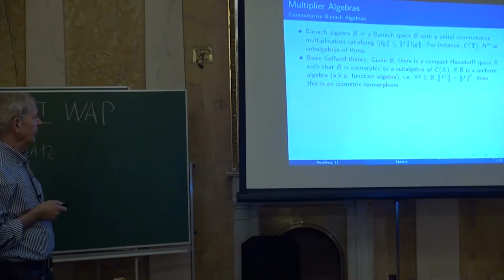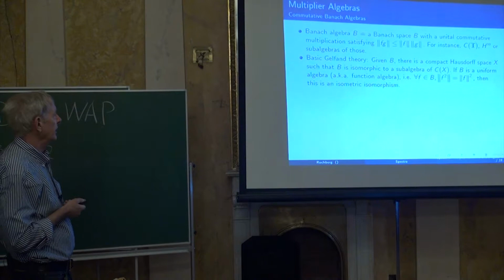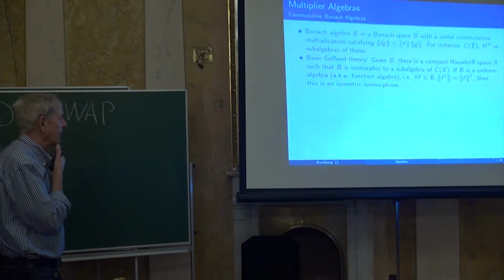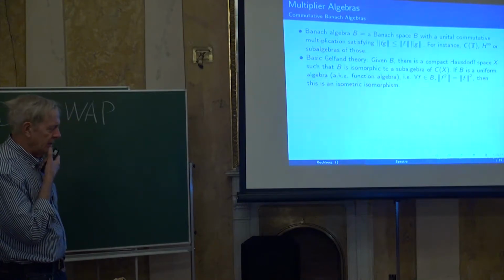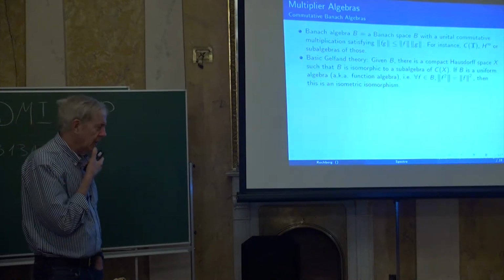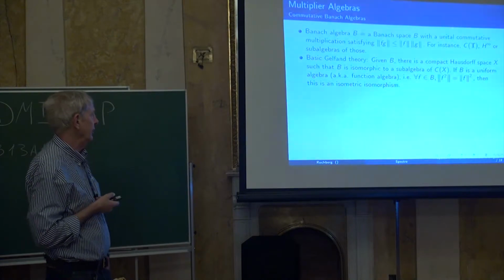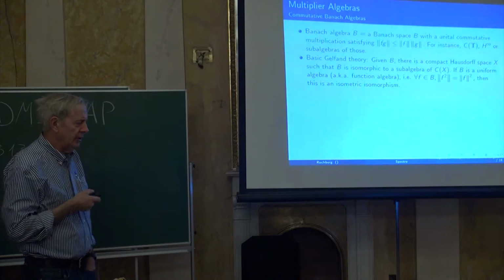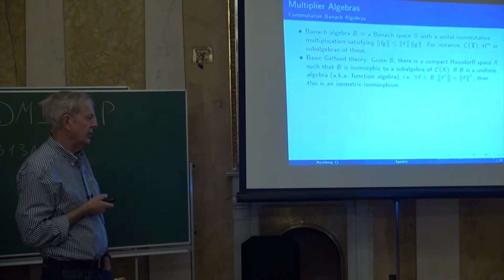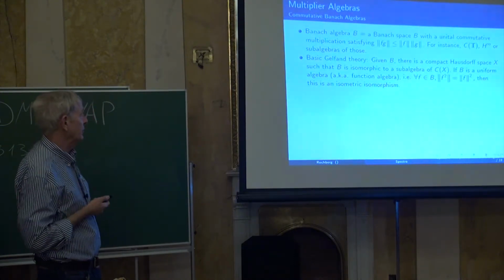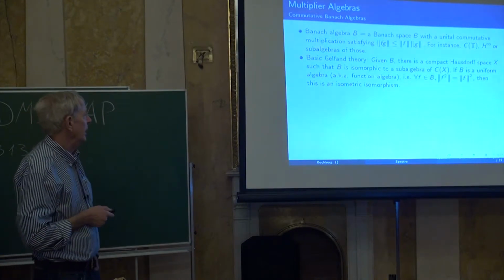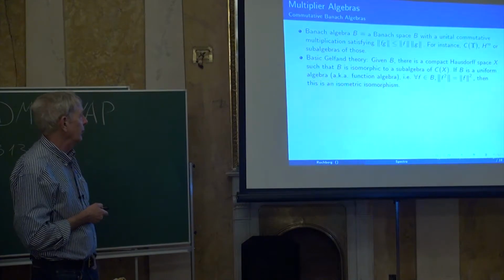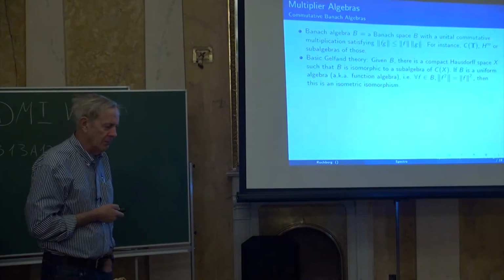The basic Gelfand theory says that given any algebra like this, there is some compact Hausdorff space X, so that B is isomorphic to a subalgebra of continuous functions on X. One of the most richly studied cases is when B has the additional property, which for example H infinity has, that the norm of the square is the square of the norm.